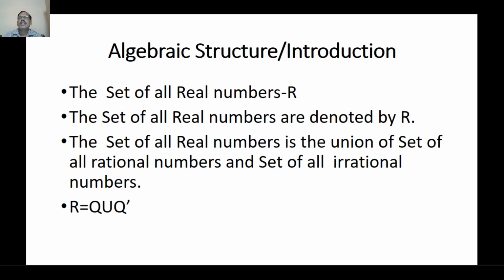Root 2 is a real number, root 3 is a real number, 1, 2, 0, 10, 1 by 5 are real numbers. All these are real numbers, and that is the union of Q and Q dash, the set of all real numbers.